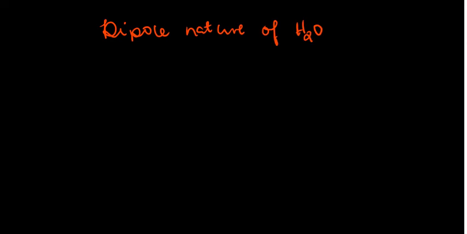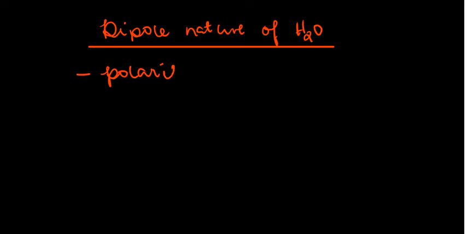When you look at the word dipole, one thing we must realize is that when a molecule is dipole, it means it has two charges, partially positive and partially negative. So when we talk about the dipolar nature of water, we're going to be talking about polarity very much in this section.